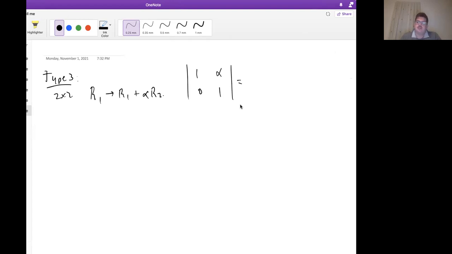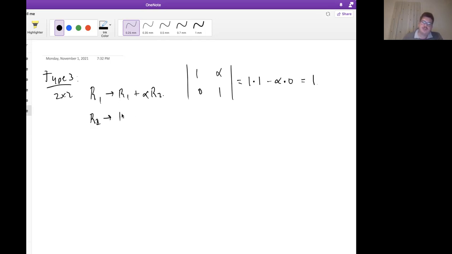Okay, now what's the determinant? Yeah, so it's 1 times 1 minus alpha times 0. So it's 1. Huh, that's interesting. Kind of wouldn't expect that, right? You're adding a multiple alpha, so you'd think there might be alpha involved in here, but no, it's just 1.